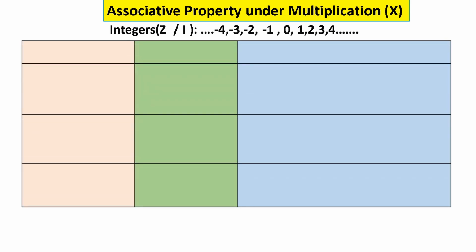Associative property under multiplication. Now, in this property, we will take three integers. Statement 1, statement 2, conclusion. As in the associative property under addition and subtraction, here also we take three integers.